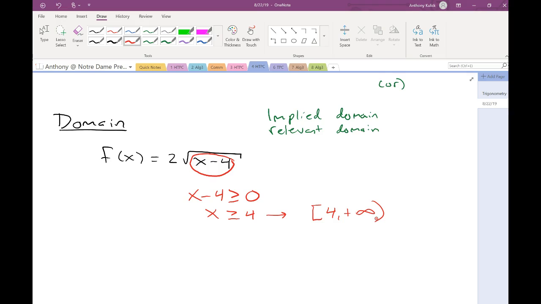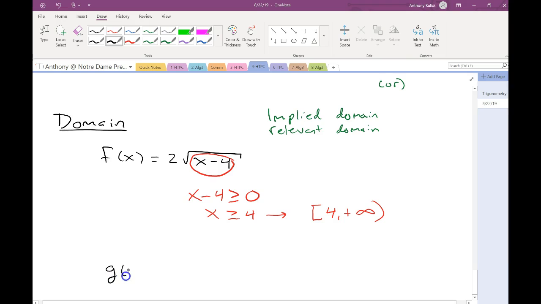We're not including 1, 2, or 3 as possible inputs for x. That's okay. But yeah, you're absolutely correct. You can't just pick the positive numbers. You have to find the values of x where x minus 4 is non-negative. Is everybody okay with that idea? All right.